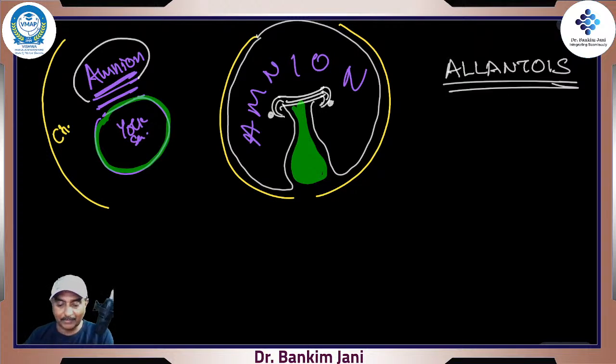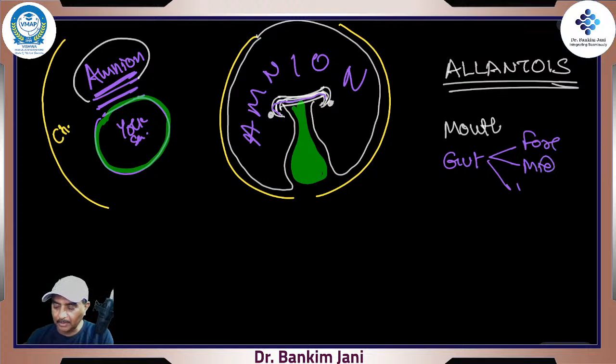So in between this entire thing, there would be the gut, divided into three parts: foregut, midgut, hindgut, and the heart.